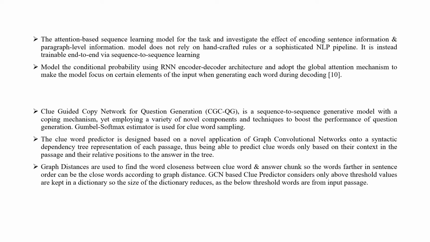What does such a network do? Clue-guided copy network. For this, we will consider the tree representation of the input. That tree representation gives us more closeness between the answer chunk and the clue word as compared to the exact ranking position of the sentences.